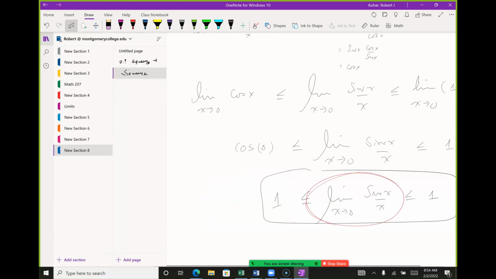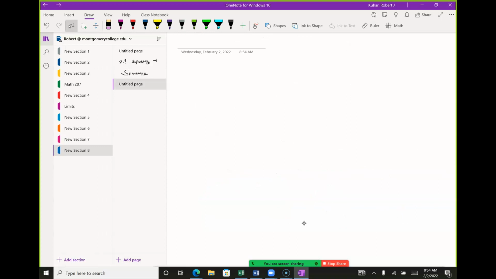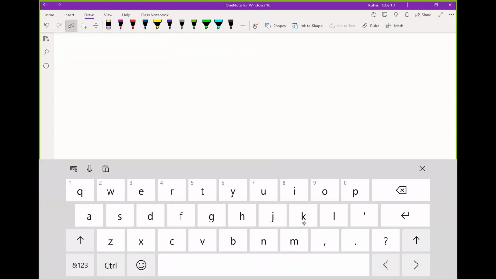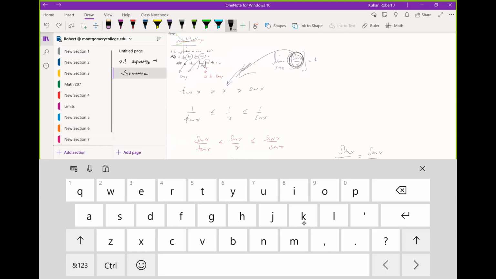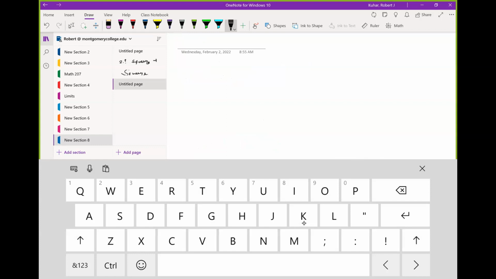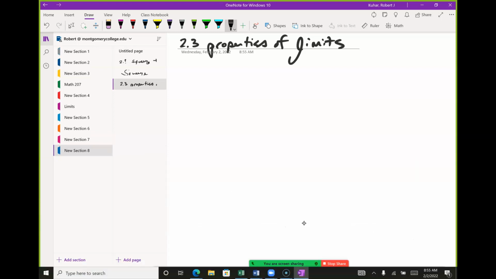My last little piece of theory that I want to do is from 2.3, properties of limits. And I think these are pretty obvious.